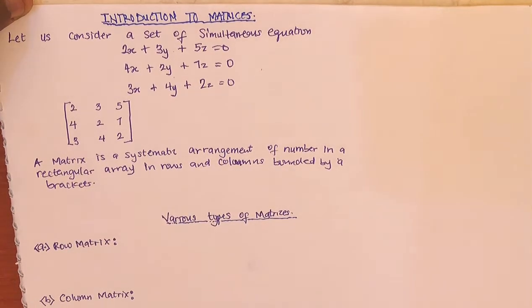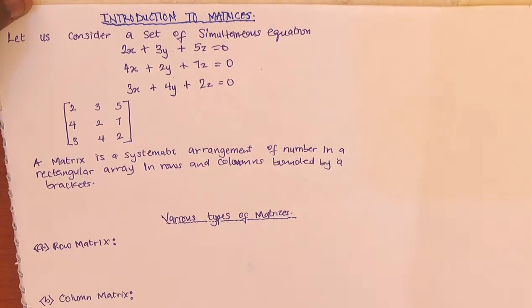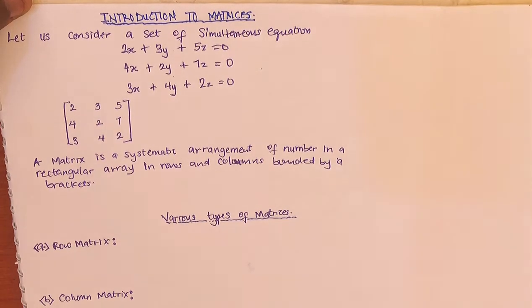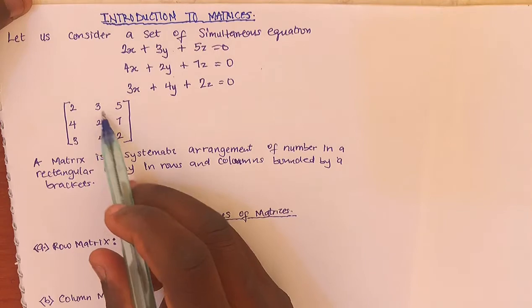Can you see it now? So you can simply say a matrix is a systematic arrangement of numbers in a rectangular array in rows and also columns bounded by what? By a bracket, right?